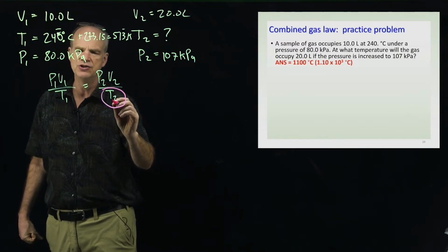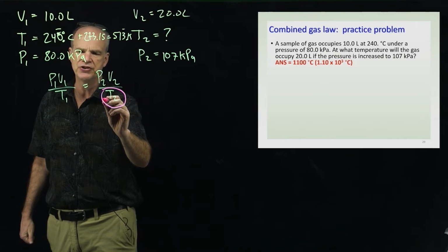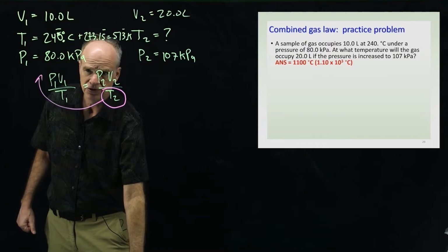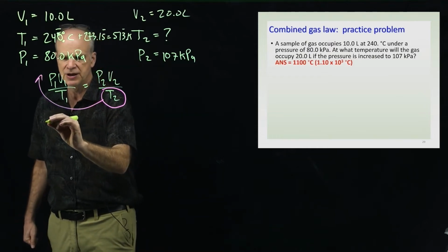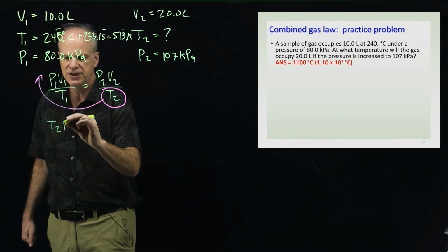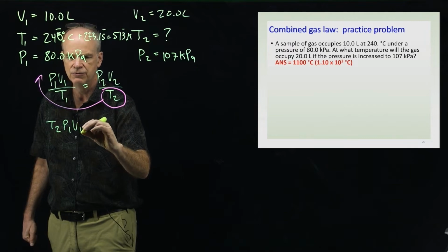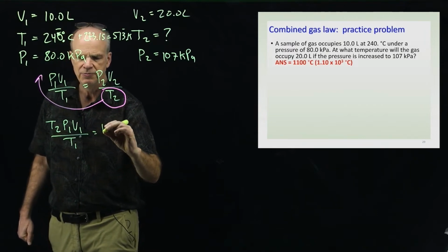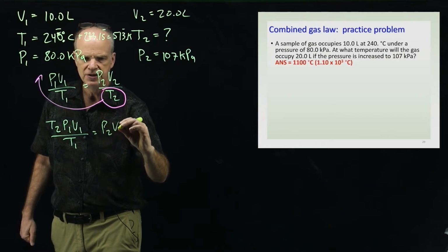If I want it in the numerator, I have to put it on the other side of the equal sign, so it goes up here like this. And so what we can do is write that out, see what we got now. So we have T2 P1 V1 over T1 is equal to P2 V2.